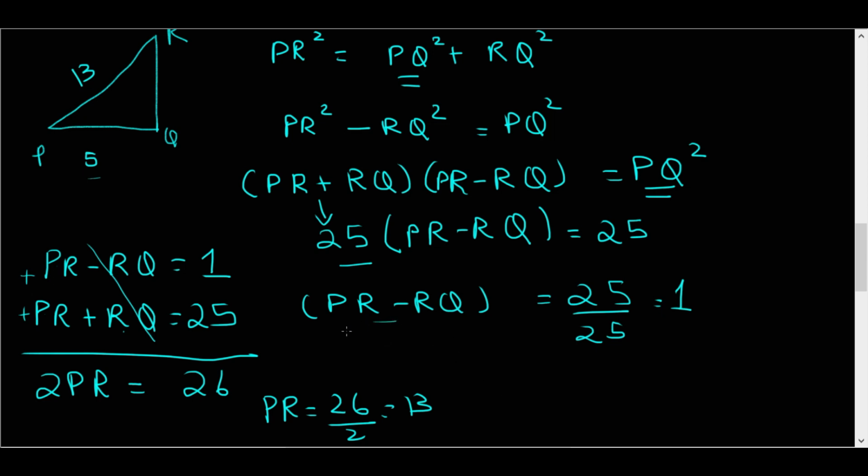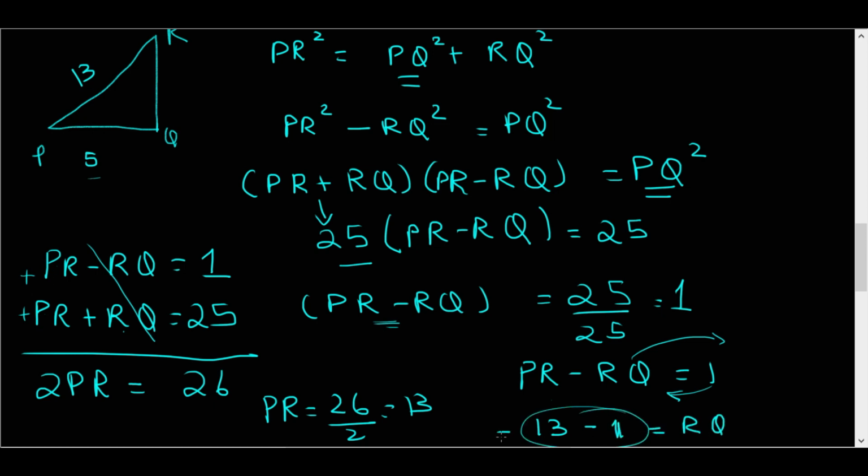So I have this equation, PR minus RQ equal to 1. So PR is 13 minus RQ equal to 1. I shift RQ to the other side, it becomes plus RQ, and the 1 I shift here, it becomes minus 1, equal to RQ, or RQ equal to 12.